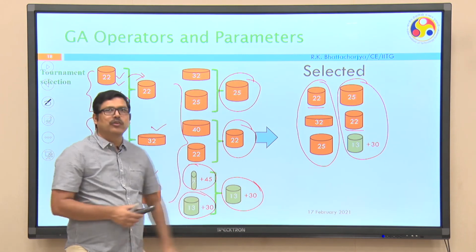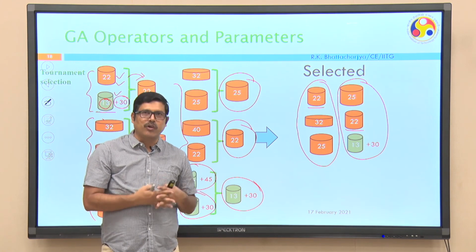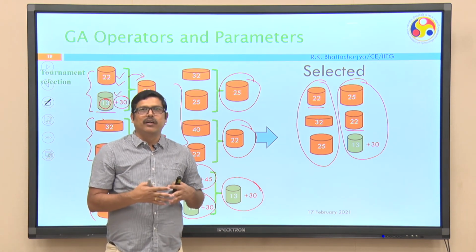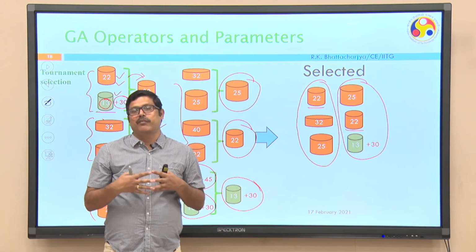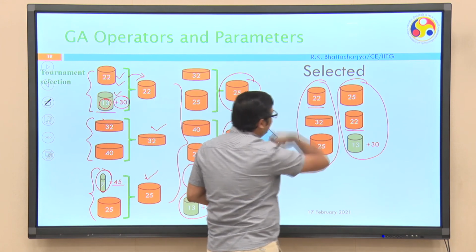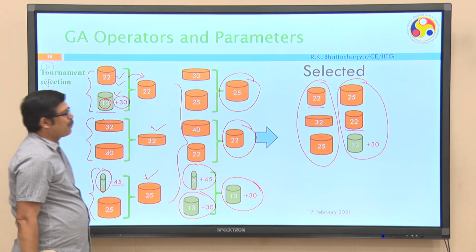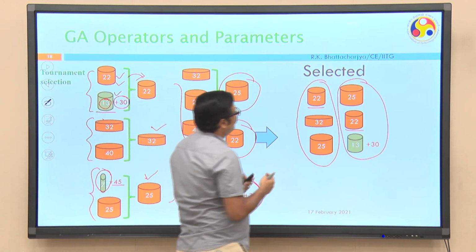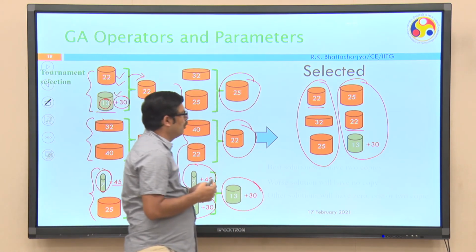The worst solution in the first round was not the winner, and in the second round also he cannot be a winner. So, therefore, he will not have any copies. But the other solutions, depending upon who is playing with whom, may have 1 copy or 2 copies. Okay.